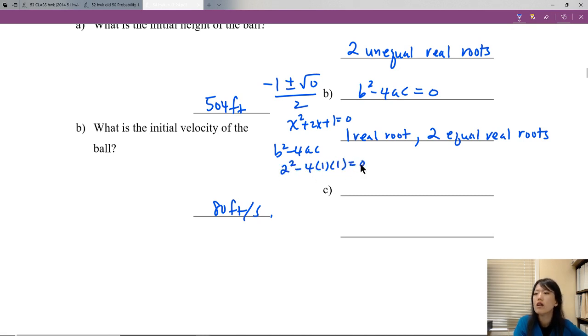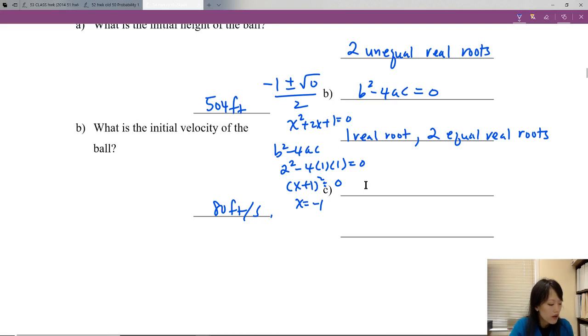See how it's 0? If you had factored this out, do you see how there's two real roots, two same roots? They're both negative 1. x plus 1 means x is negative 1. So if I get two of the same roots, that would cause your discriminant to be 0. So I just get a perfect square scenario.